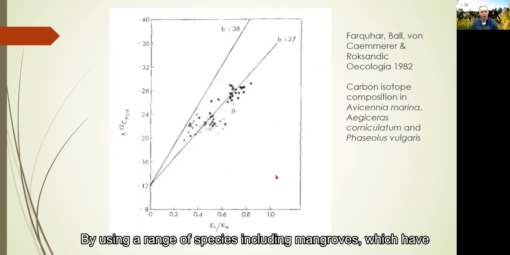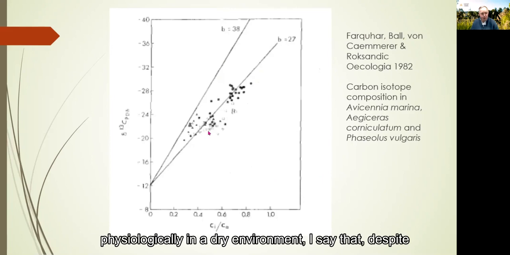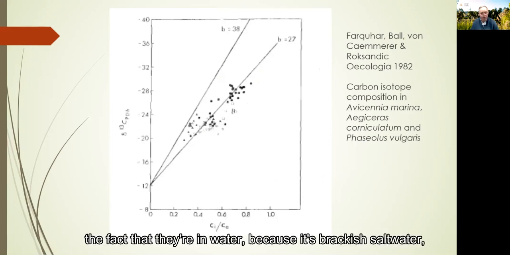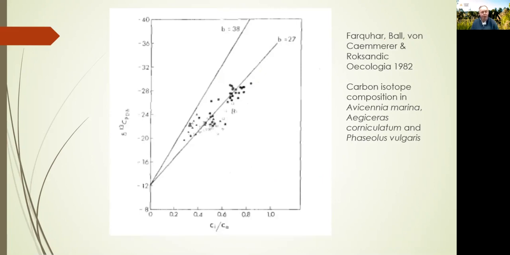by using a range of species, including mangroves, which have a low intercellular CO2 concentration, because mangroves physiologically are in a dry environment. I say that despite the fact that they're in water, because it's brackish salt water, and it makes it expensive to get the fresh water out of it that the plant needs.